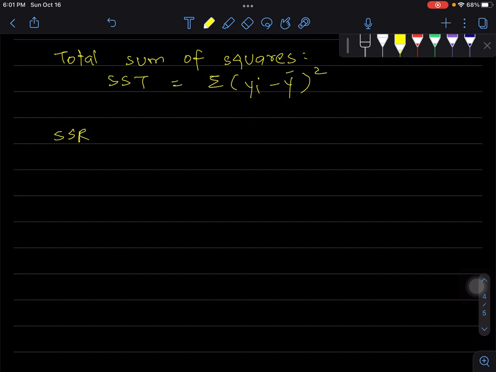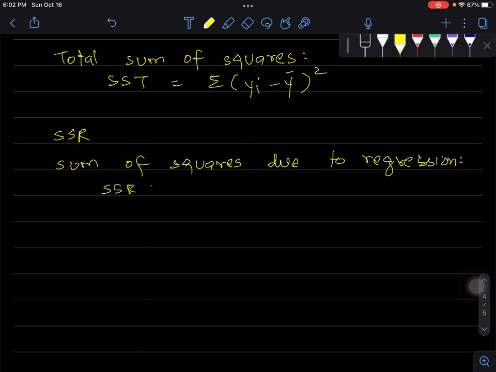It is a measure of how much the yi hat values on the estimated regression line deviate from the mean of y, which is y bar. It's easier if we write it down: this is sum of squares due to regression, and SSR is equal to the sum of yi hat minus y bar squared.